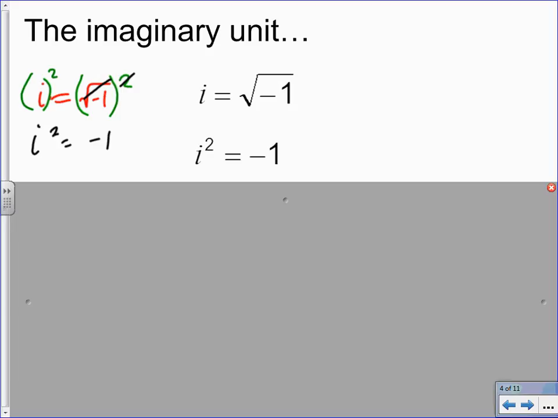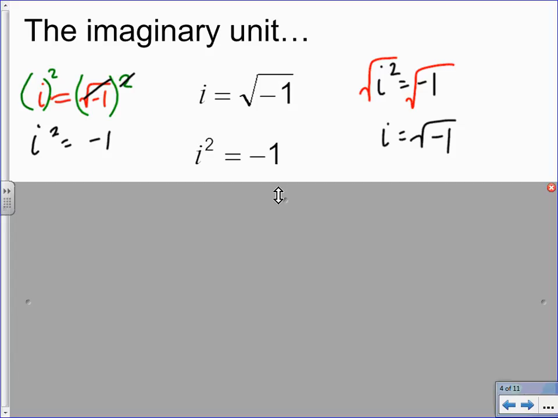Okay, so i squared is negative 1. You could also look at it from the reverse algebra. If I accept that i squared is equal to negative 1, then what's the value of i? Take the square root of both sides. i is equal to the square root of negative 1. Okay, but we understand that this thing is not real, this square root of negative 1. It's imaginary. i will simply be our placeholder.